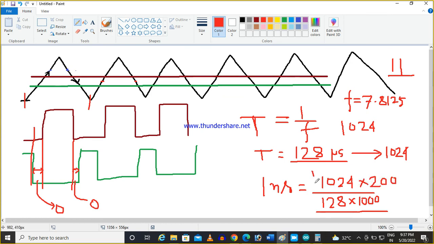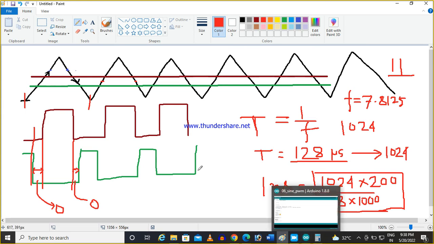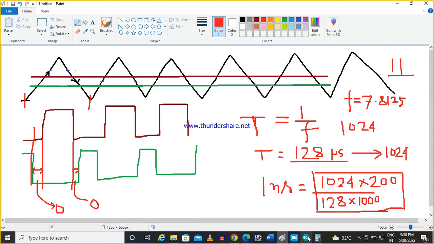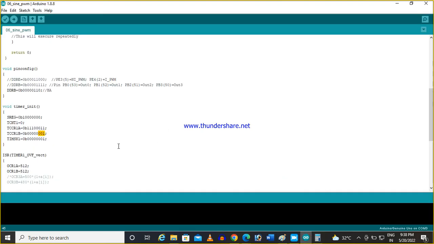So this much count I have to reduce. Then only I will get the dead time in both side, 100 nanosecond, 100 nanosecond. So this way you can define your dead time.